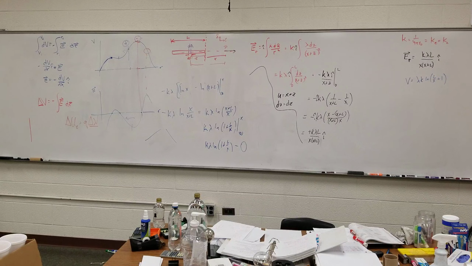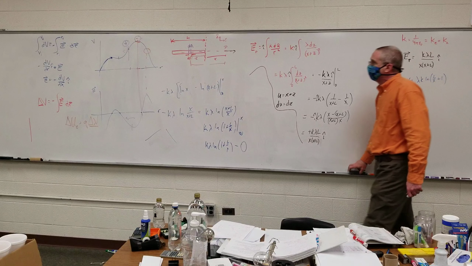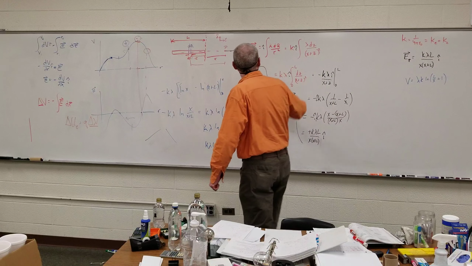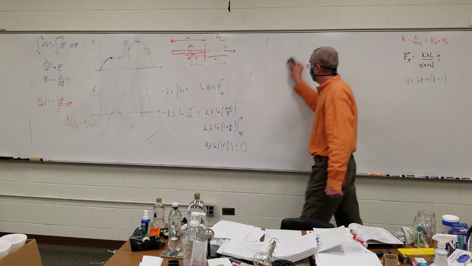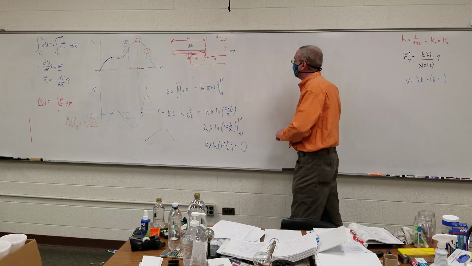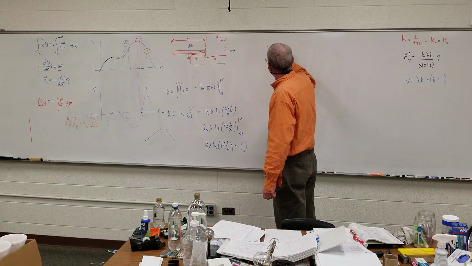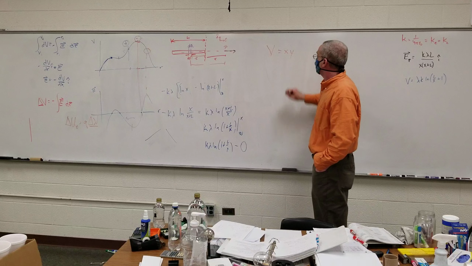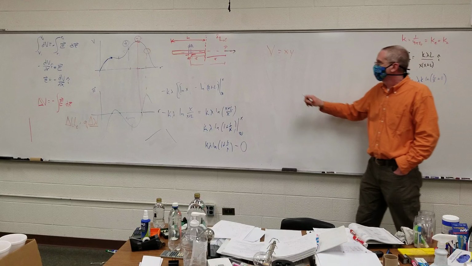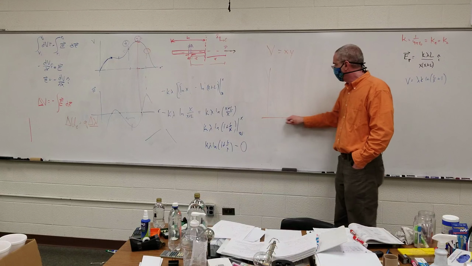All this is well and good for a one-dimensional problem, and we're really dealing mainly with one-dimensional problems, but what if it's a two-dimensional thing? So let's set that up. Suppose I have a series of equipotential lines defined by V is equal to XY. Let's set up one coordinate system here.